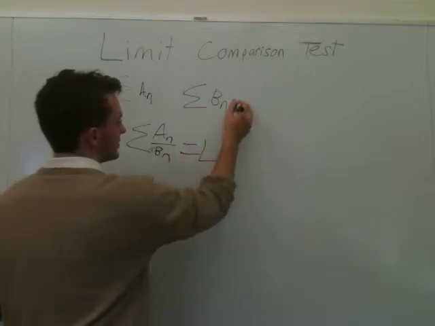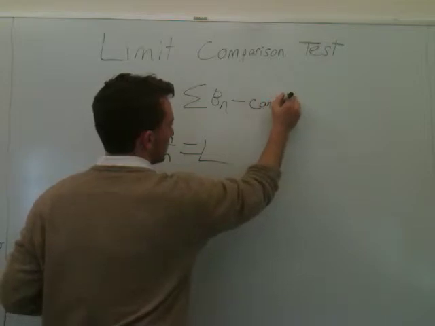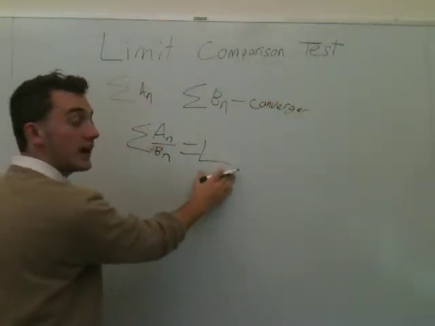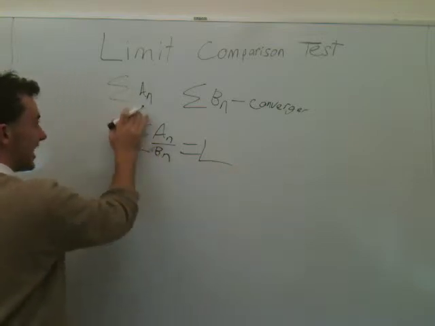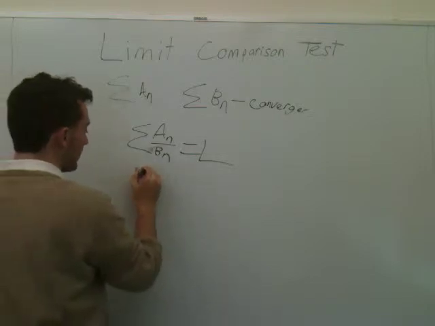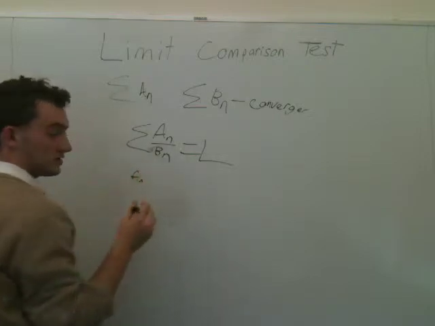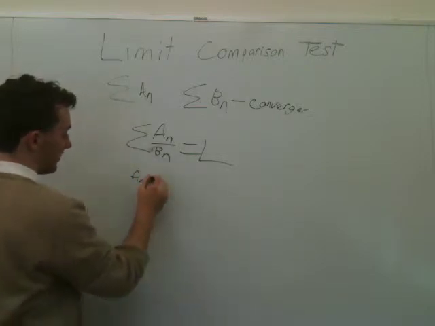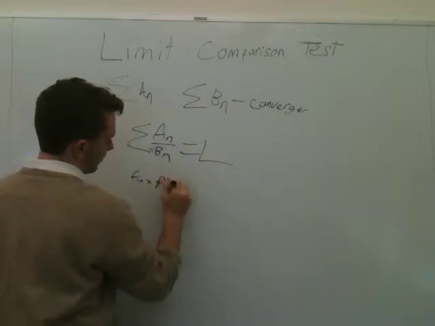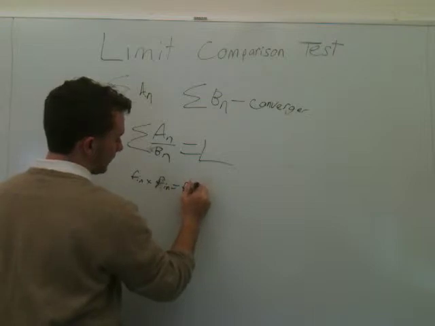If we know one of them diverges or converges, say b of n converges, and L is a finite number, that means a of n also converges. Because no matter what, a finite number divided and multiplied by a finite number will equal a finite number.